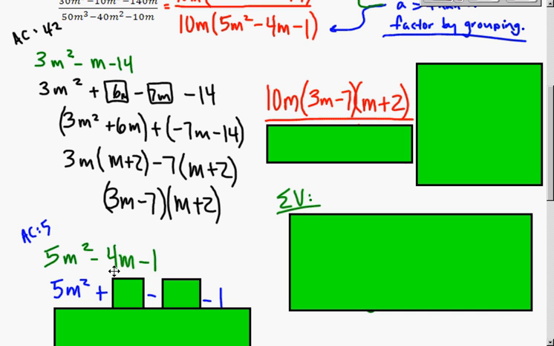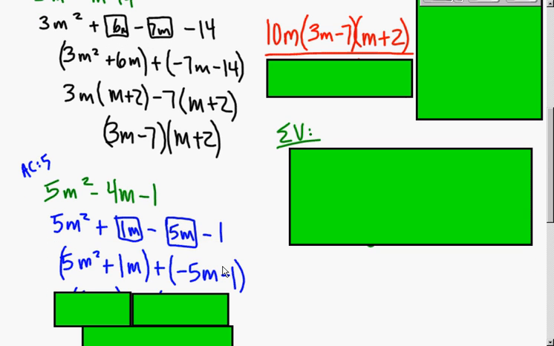So what times what would give us the 5 and would have a sum of b? We want negative 4. So 5 and 1. So 1 has to be positive and 5 has to be negative. So 1 times 5 is the 5, but we have a positive 1 minus 5, which would give us that negative 4m. And then you just rewrite the equation here, 5m squared plus 1m minus 5m minus 1.